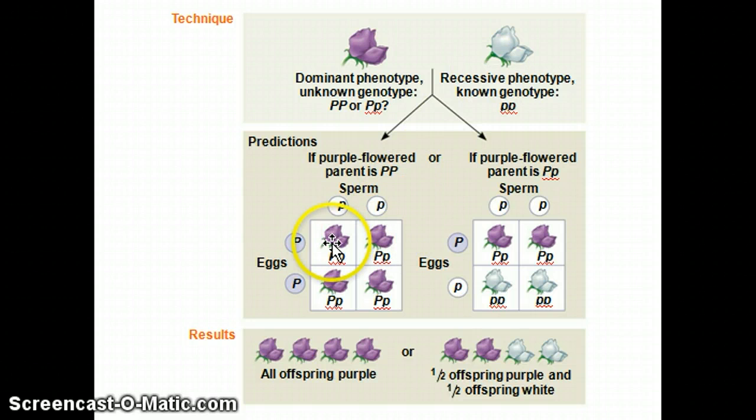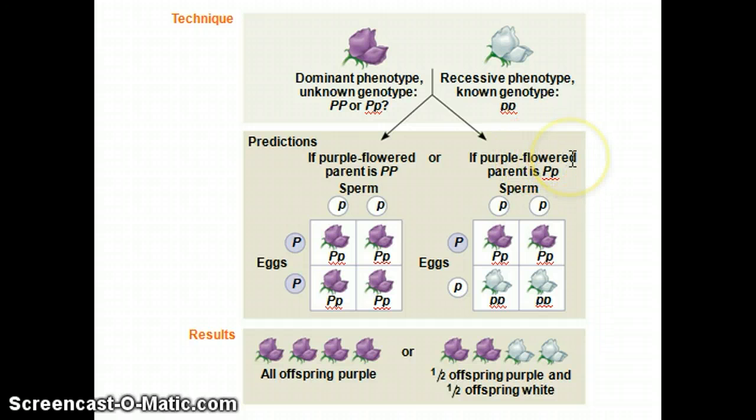And if the offspring end up being all purple, well, then that means the only way that that can occur is if this individual is homozygous dominant. And you can see that here by putting the homozygous dominant here and crossing it with our homozygous recessive, we end up with everything being heterozygous and everything being purple.